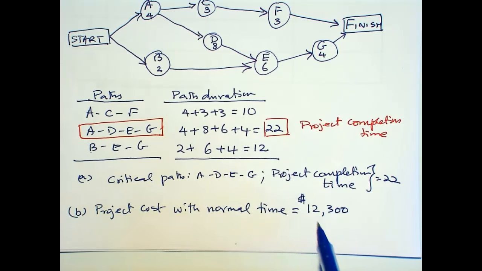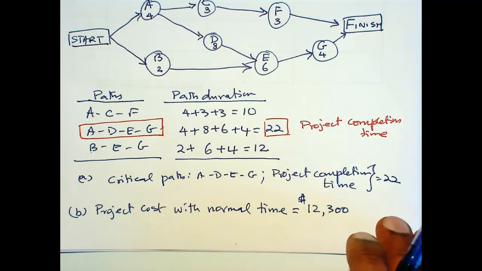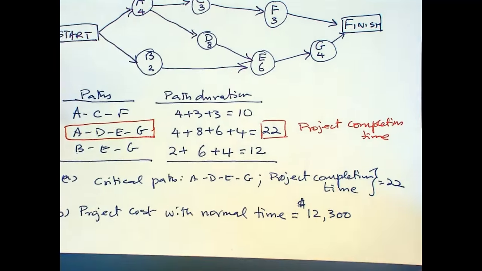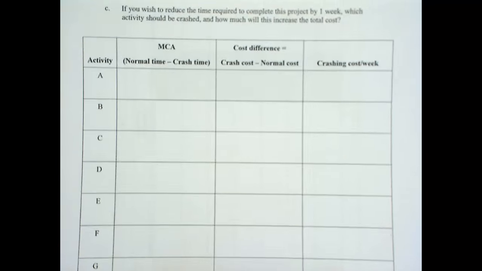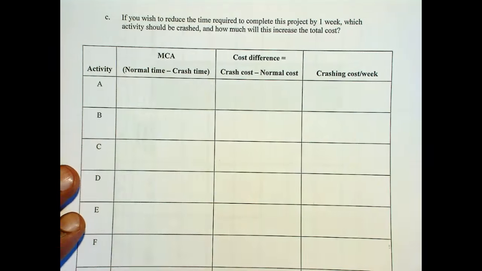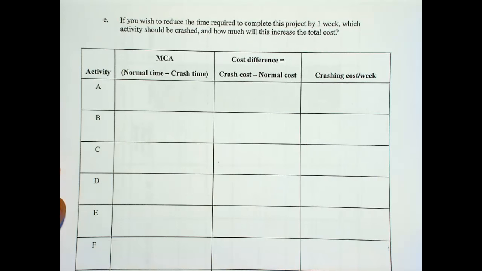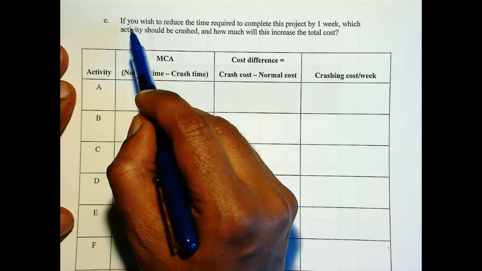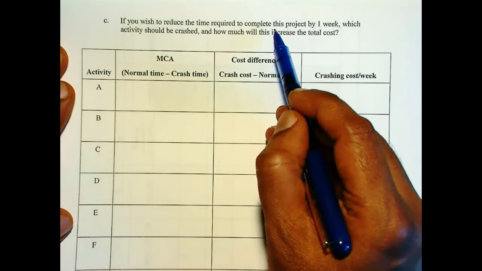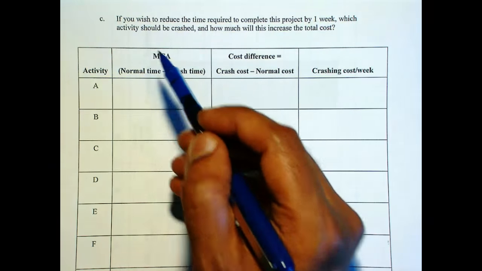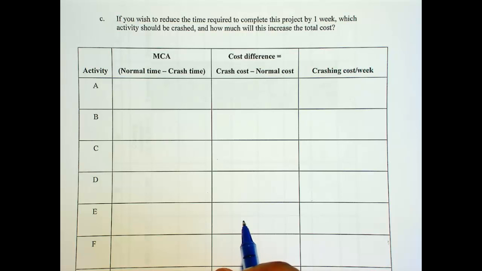Now here we are asked that we need to crash the project by 1 week. Which activity should be crashed and by how much? Okay. So first thing to do is to compute crashing cost per week. And so we take the difference between the normal time and crash time. Let's call that maximum crashing allowed or maximum crashing possible.